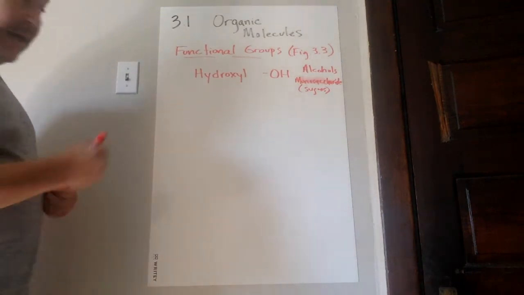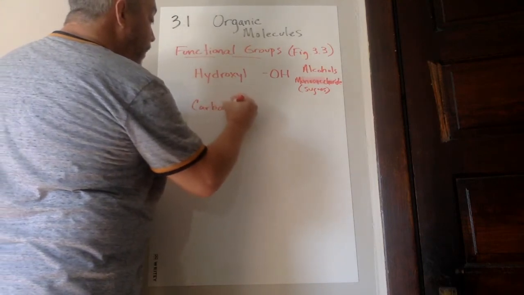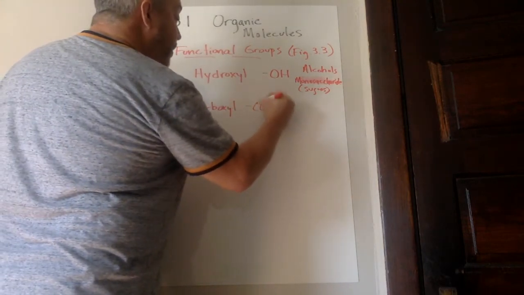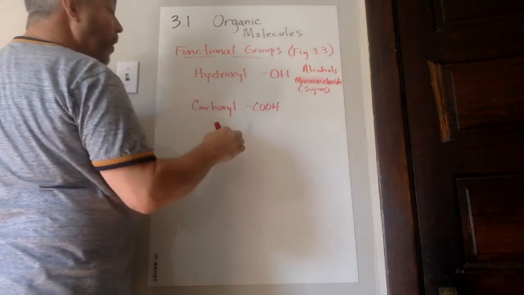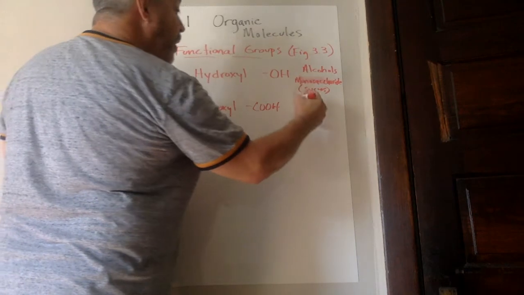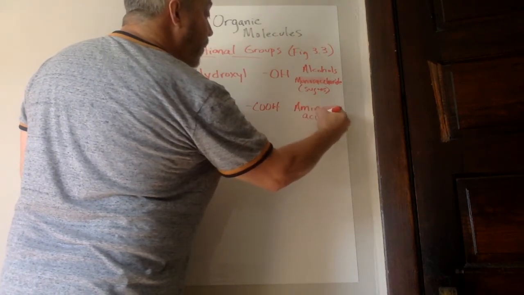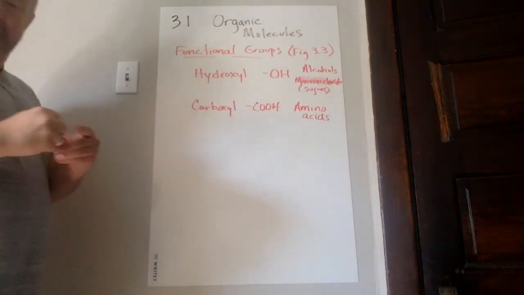All right, the next group they have on here is called a carboxyl. You notice that this is abbreviated COOH. One carbon, two oxygens, and a hydrogen. When we get to proteins, the building blocks of proteins are called amino acids.